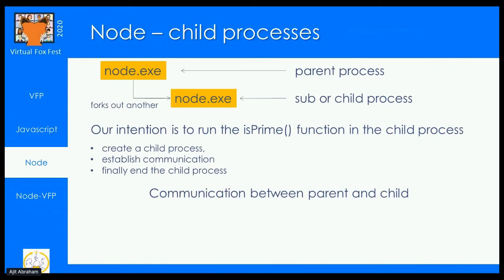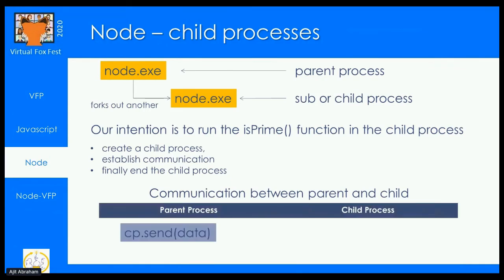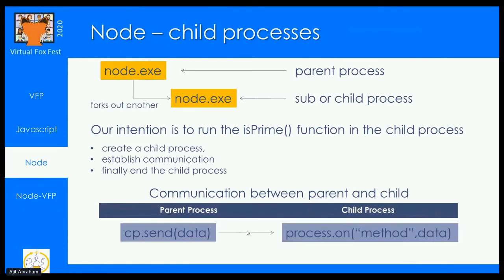Let's see the methods available to us for the communication between parent and child processes. If the parent has named the child process as, let's say, cp, then to send data to the child process, we will use the cp.send method. The child process has a listener method which captures the data sent by the parent. This method is known as process.on.